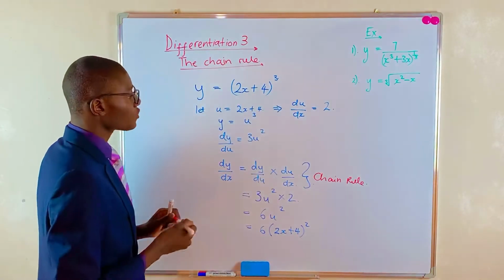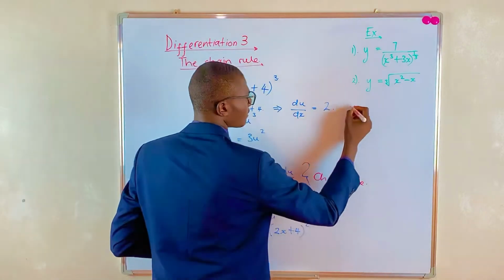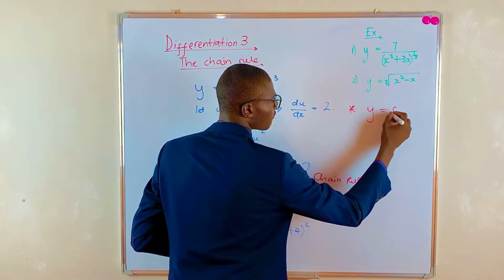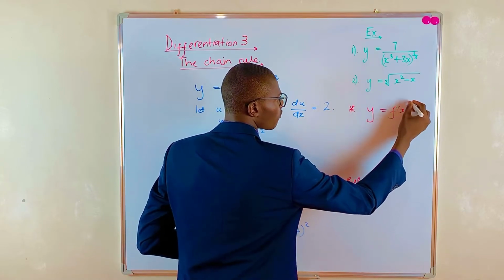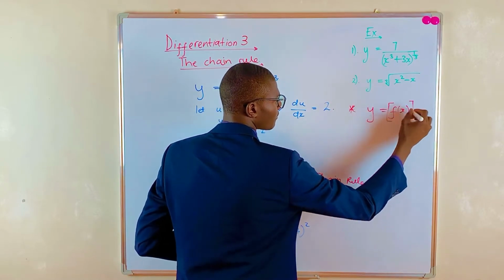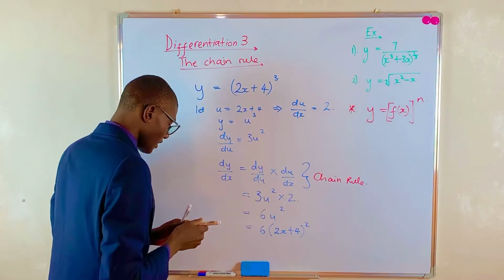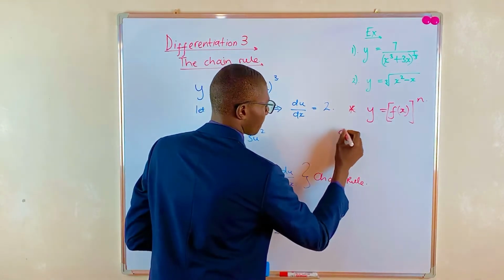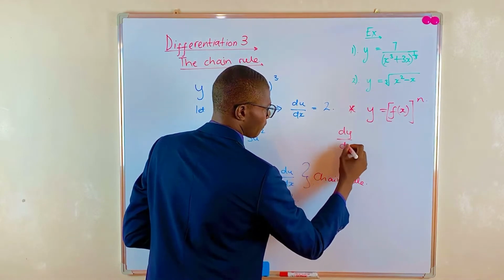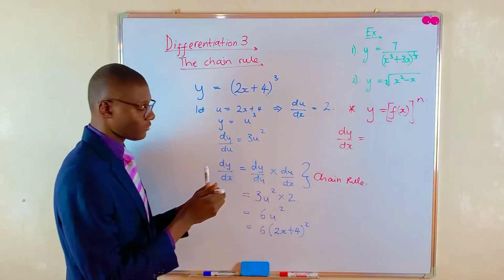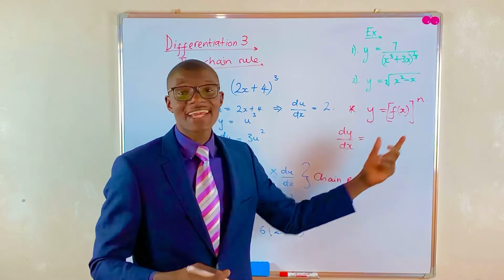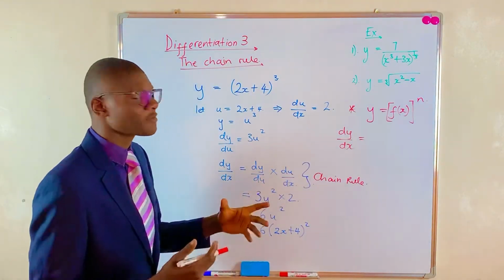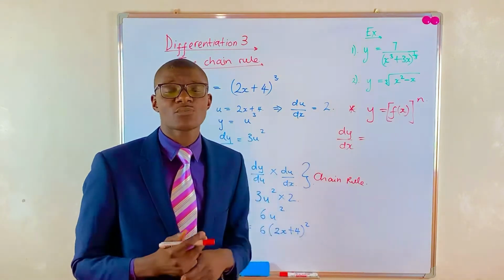So in short, we can say that for a function y is equal to f of x raised to the power of n, we can say that dy by dx is equal to, we consider f of x to be just x. So how would we differentiate x to the power of n?